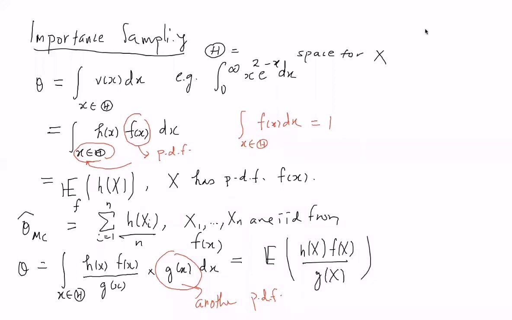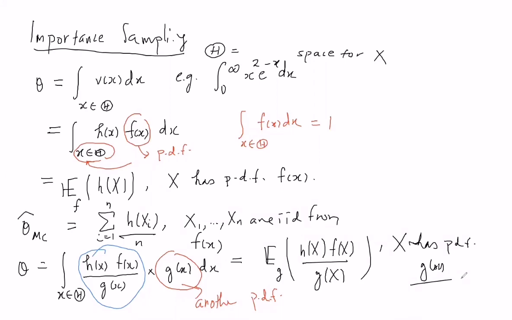This whole thing you treat as some function of x, and they are all drawn from the density g(x), so you can bundle them together like this, with respect to g as the density.